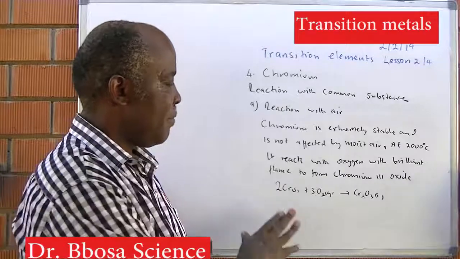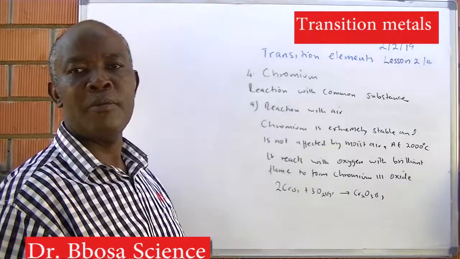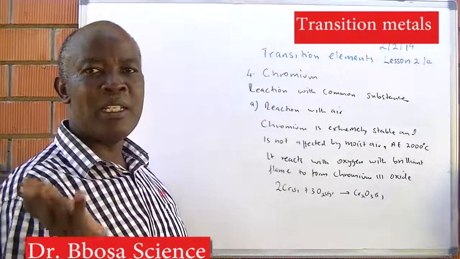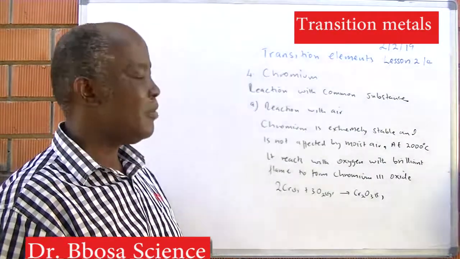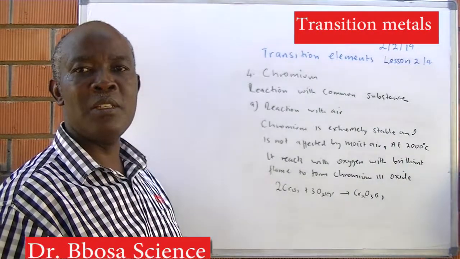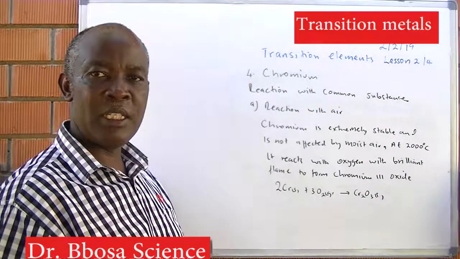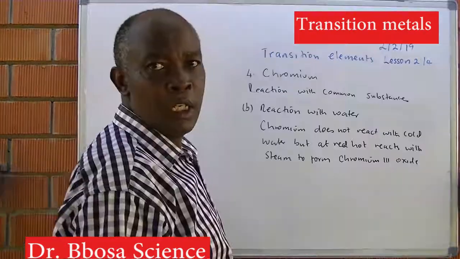So chromium plus oxygen, you get chromium(III) oxide. If we are using a Bunsen burner like we have in the lab, the temperature may not reach 2000 degrees. So you may even say that chromium doesn't react with air.